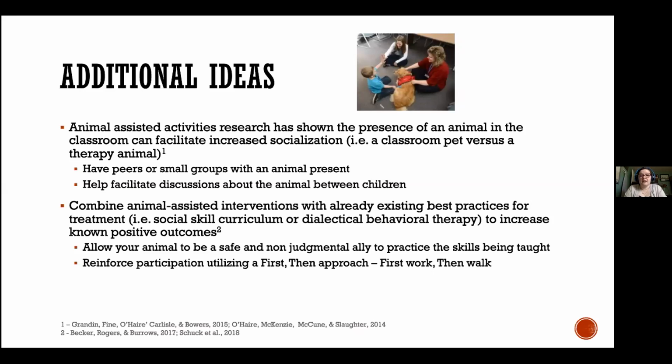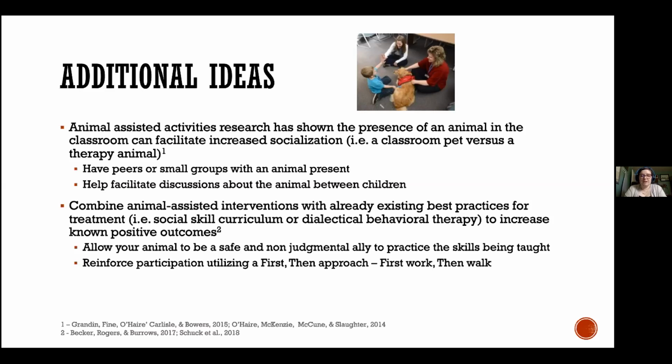The other thing that is really evident in the literature is combining animal-assisted interventions with already existing best practices for treatment. So as I mentioned, like the Social Thinking curriculum, or the Second Step curriculum, depending on what setting you're in, has been shown to increase known positive outcomes.